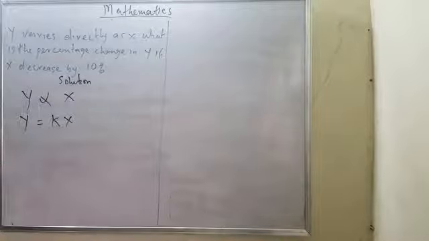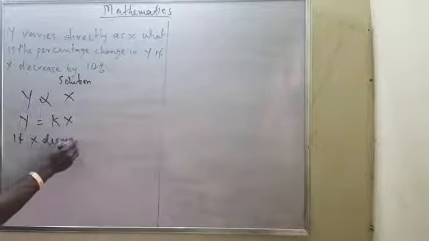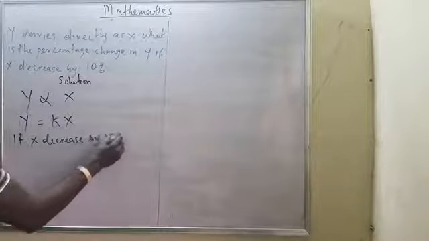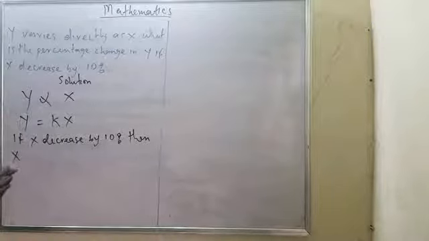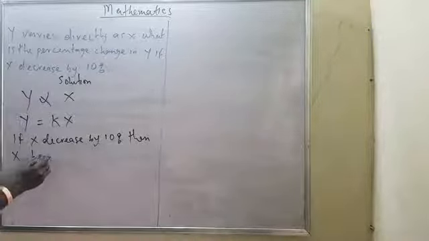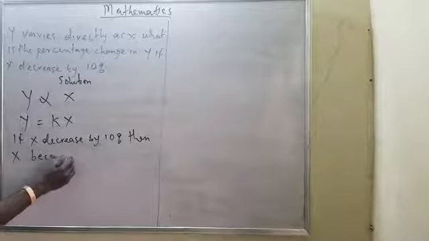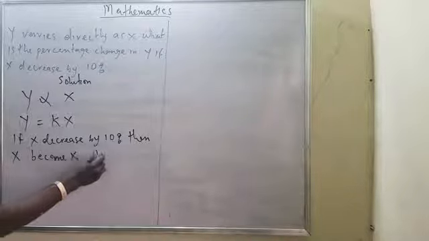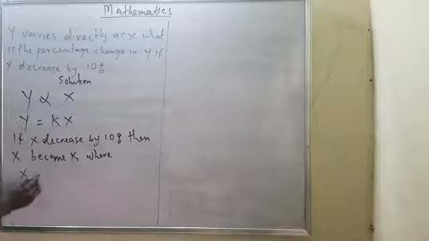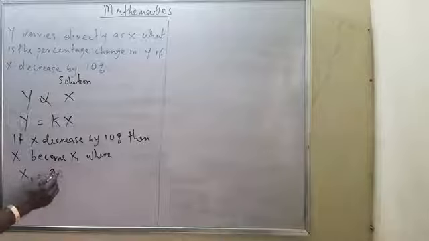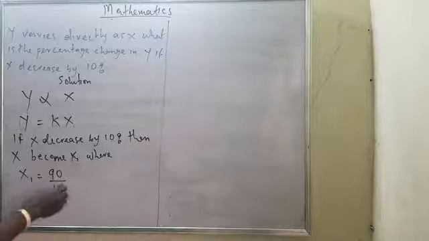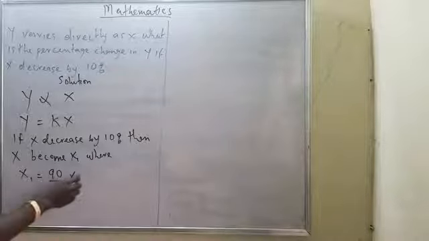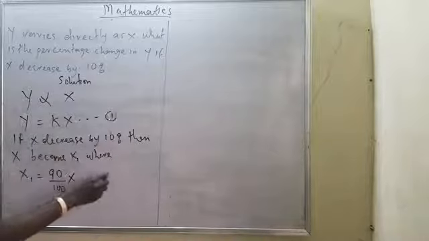Now since I have that, the first thing is, if X decreases by 10%, then X becomes X1, where X1 will be equals to 90 divided by 100 of X. I can call this one equation 1, and I can call this one equation 2.